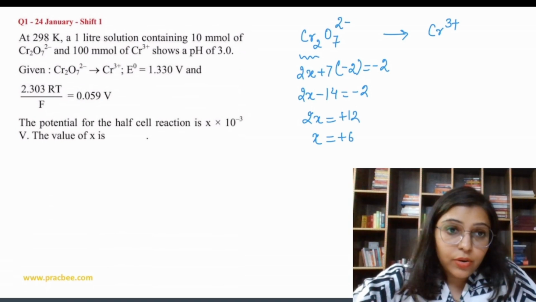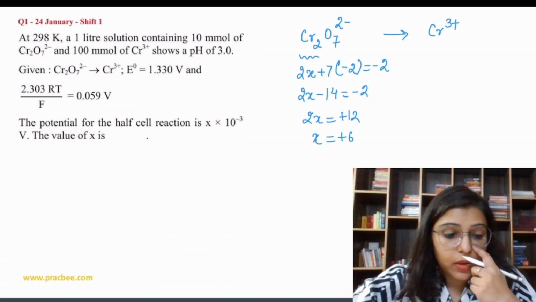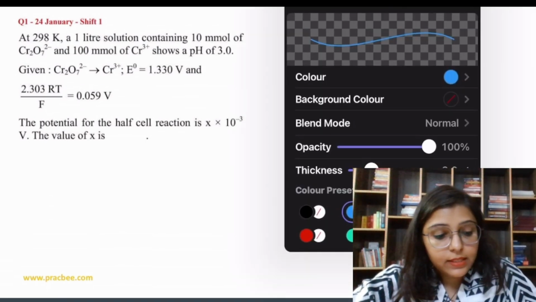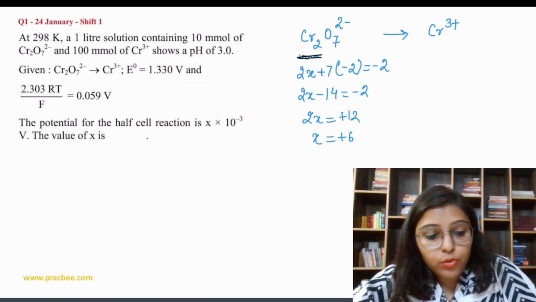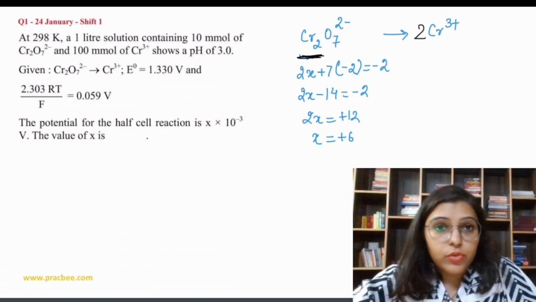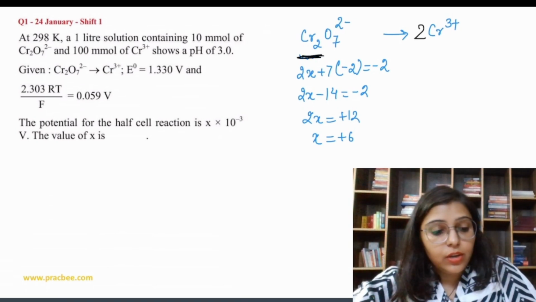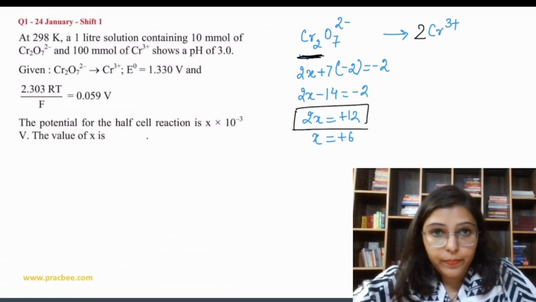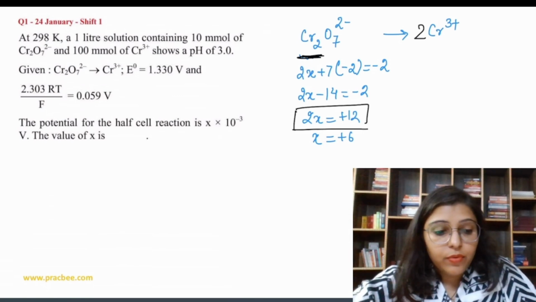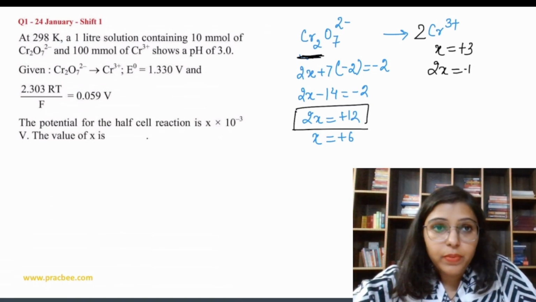But in order to find the correct number of electrons exchanged during this process, first we have to balance the chromium. Here we have 2 chromium, so we write 2. So we take the oxidation number with respect to 2 chromium. 2x is equal to plus 12 here, so x is equal to plus 3 and 2x is equal to plus 6.